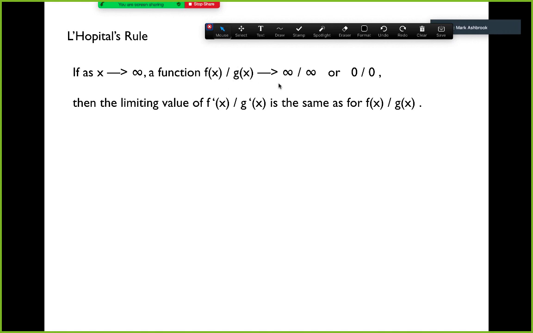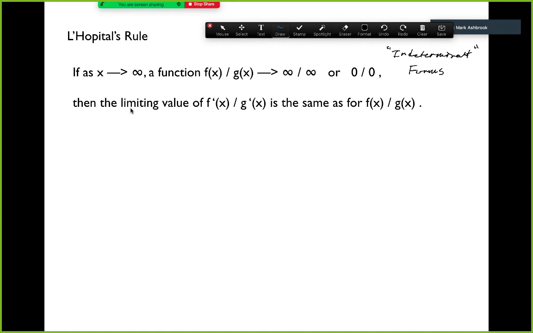If that quotient has one of these two forms, infinity over infinity or 0 over 0, then these are called indeterminate forms, because there are situations where these can be infinity, where these could be 0, where these could be some constant value. So really anything's possible when you have one of these indeterminate forms. It depends on the situation.